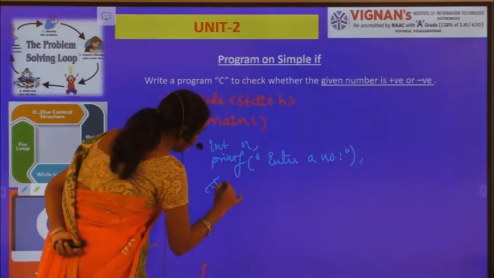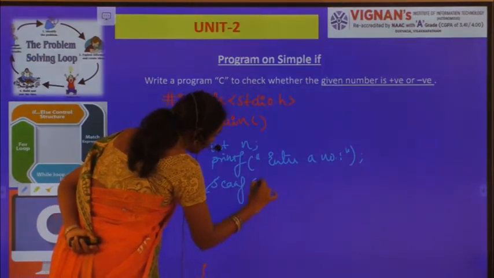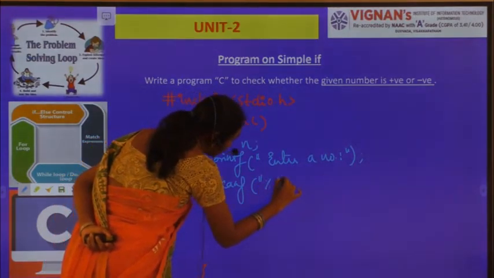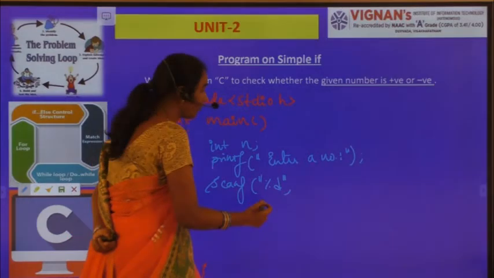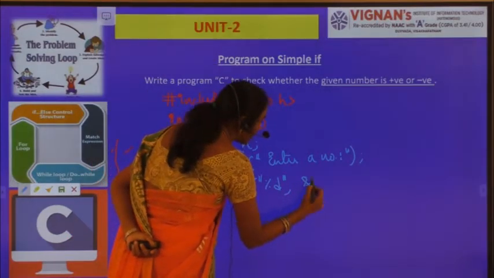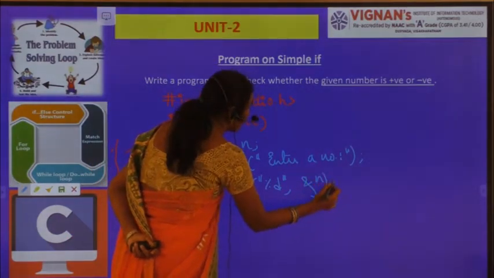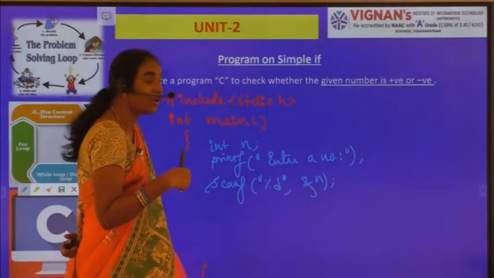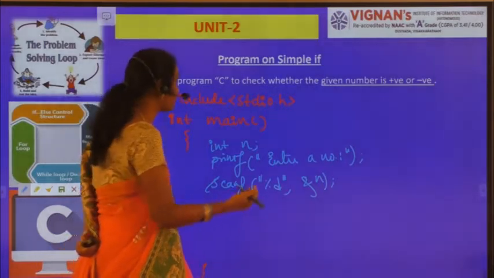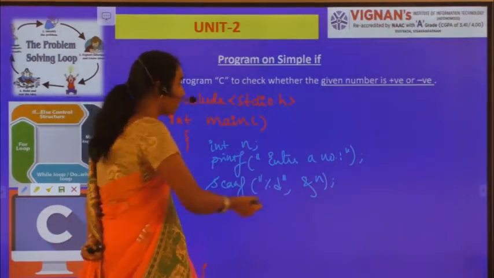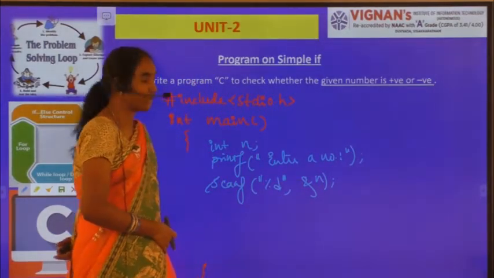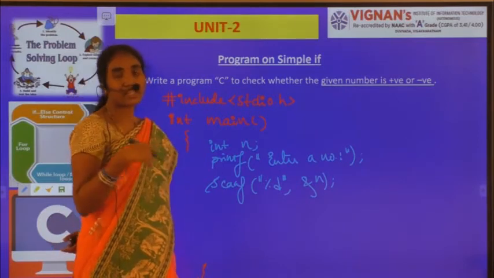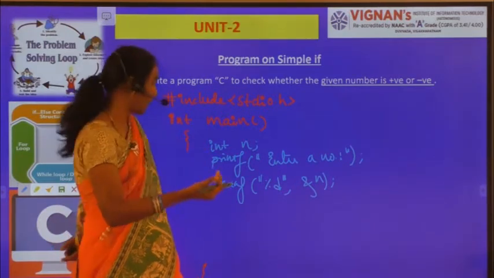Now scanf, %d stands for the integer format specifier, and address of n. So here whatever value is specified in the console will be read and stored in the memory which is allocated for this n by using this address of operator. So finally this scanf will read the n value and put it into the memory, right?